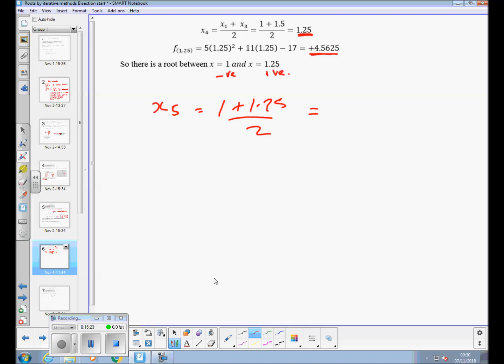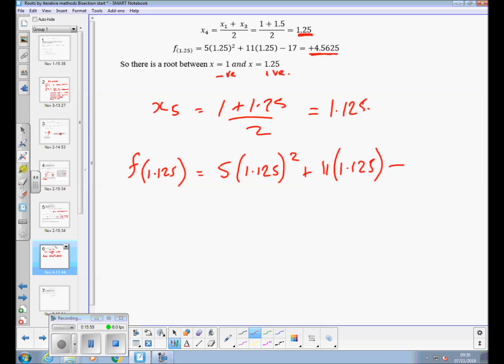What's the result of that? Yeah. So that's our new guess. And then we go f at 1.125 is equal to 5 times 1.125 squared plus 11 times 1.125 minus 17 equals.